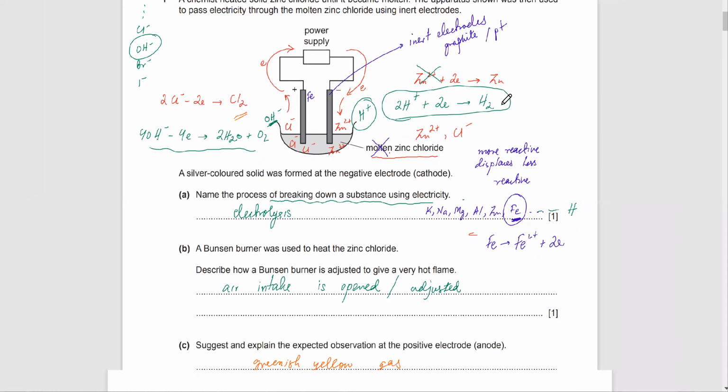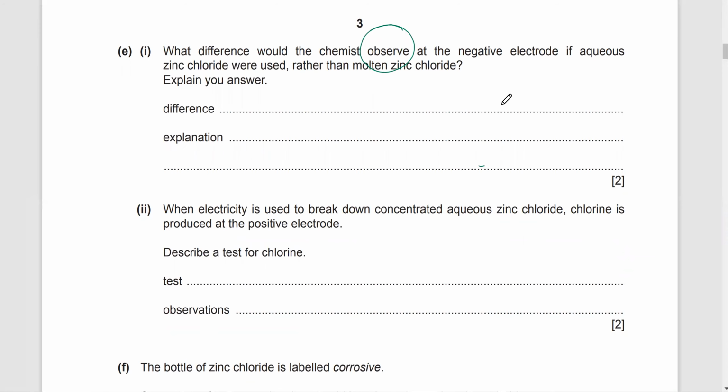You're not going to even identify, you're just going to write bubbles or effervescence. Okay, the explanation would be that H+ gets discharged instead. That's where you're going to write the reaction. That H2 gas is formed. Okay, Mahad, is this clear?